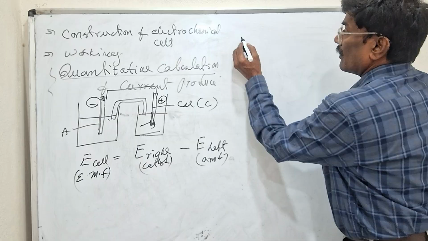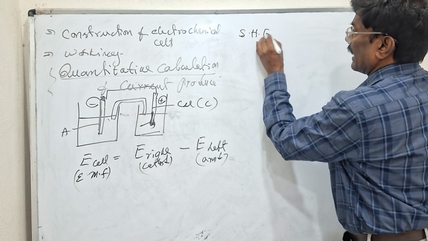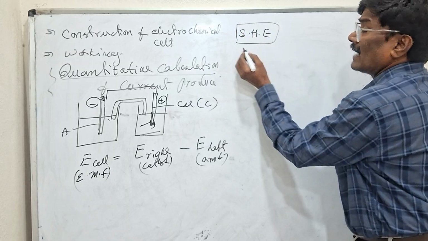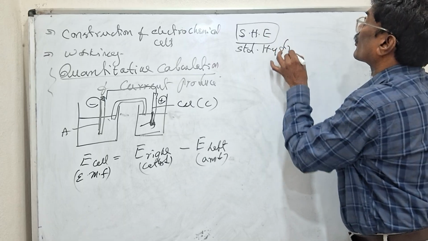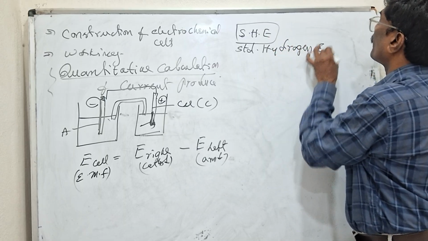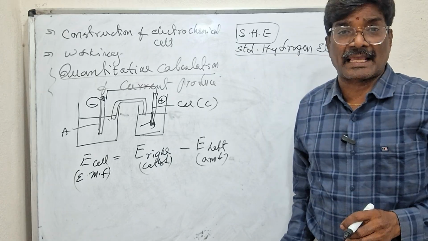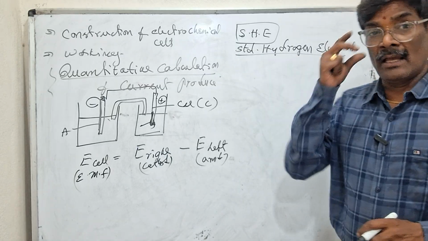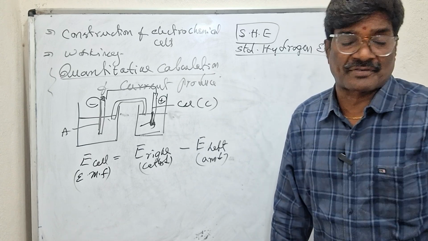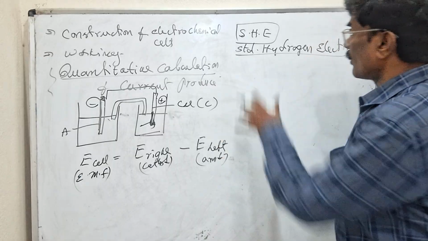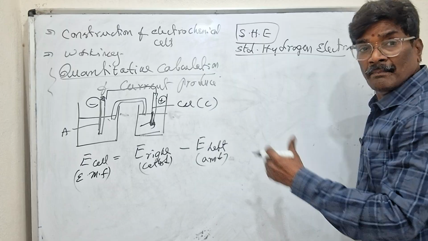We use the SHE, the standard hydrogen electrode. By using this, we can calculate the potential of any electrode. How do you construct this SHE, and how do you apply it in the cell? Let us know.